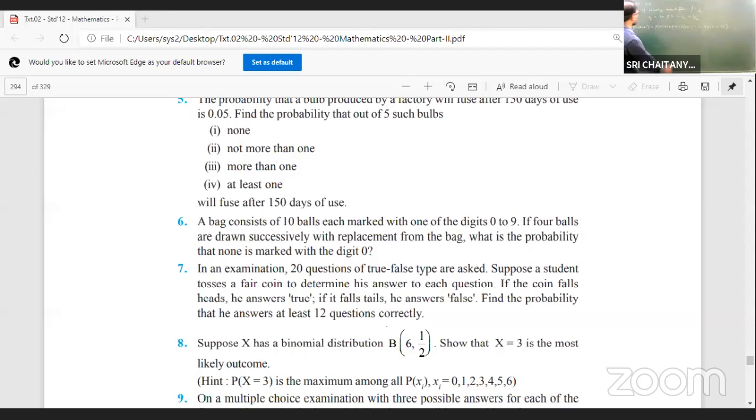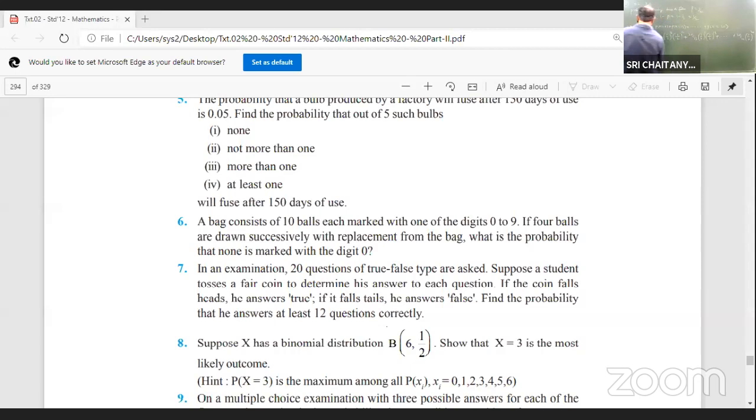P of X equals 12 means 20C12 into P to the power of 20 minus 12, into Q to the power of 20 minus 12, plus 20C13 into 1 by 2 to the power of 7 into 1 by 2 to the power of 13, and so on, up to 20C20 into 1 by 2 to the power of 20.